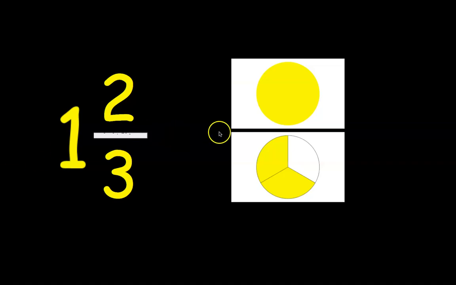Let's cut this pizza up into, what should we do? Thirds. I'd go with thirds. Now, how many thirds do we have? 1, 2, 3 that come from there. And then we have 2 that come from there. And in total, 1, 2, 3, 4, 5.